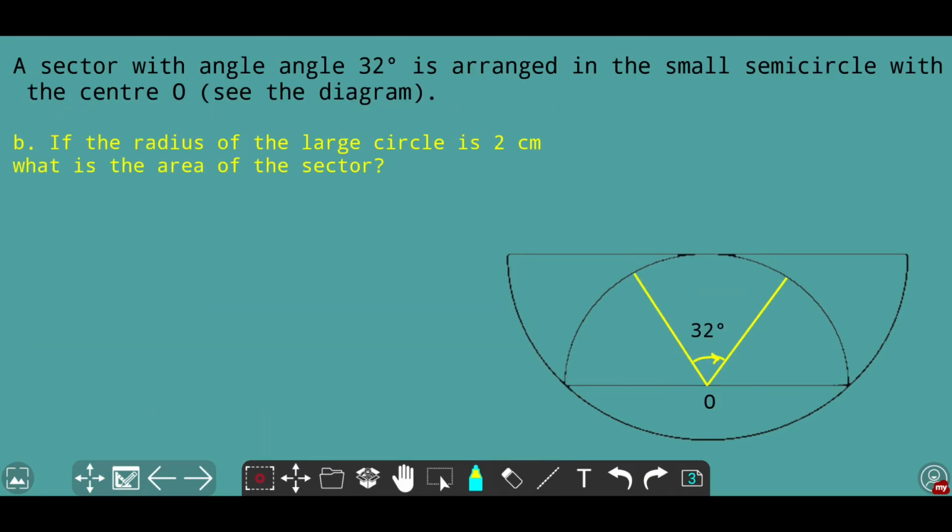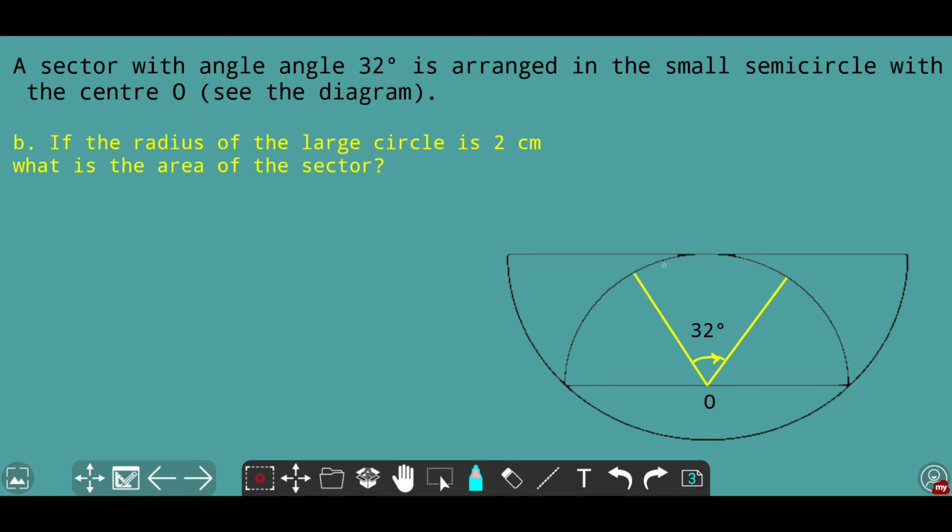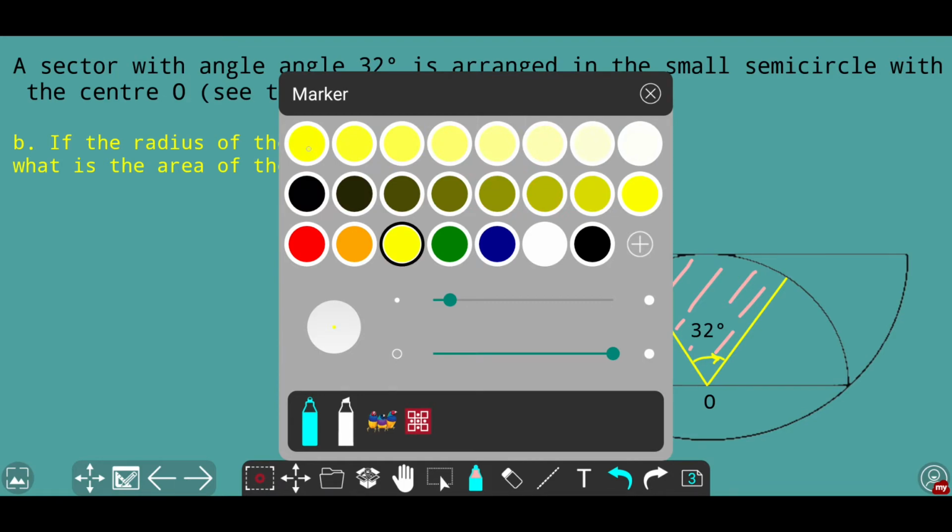Okay, so here in part B, what we need to do is find the area of the sector. For this reason, I'm going to shade this sector in this way, okay? We're going to determine the complete area of this sector, and that's why we need to remember the formula for the sector's area.